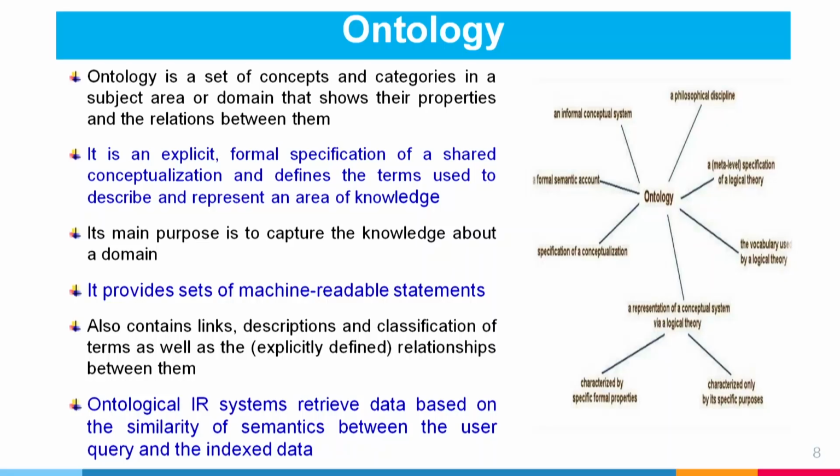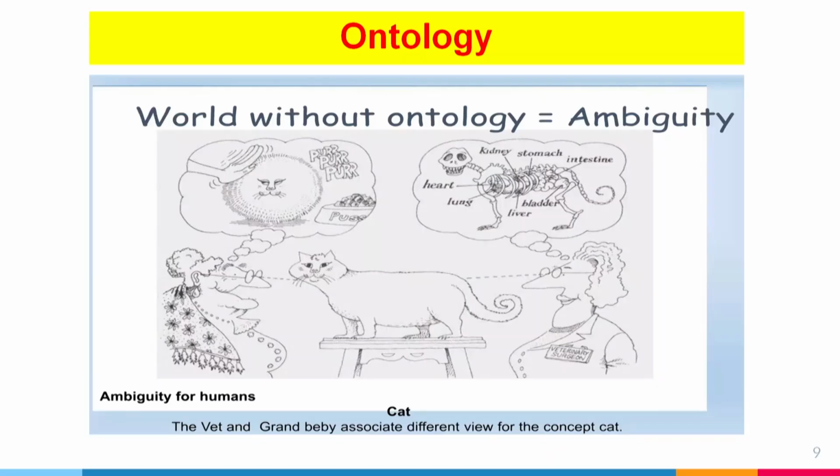So when you talk about ontology IR systems, it can retrieve data based on the similarity of semantics between the user queries and the index data. So dear learners, now let us look into an example of ontology.